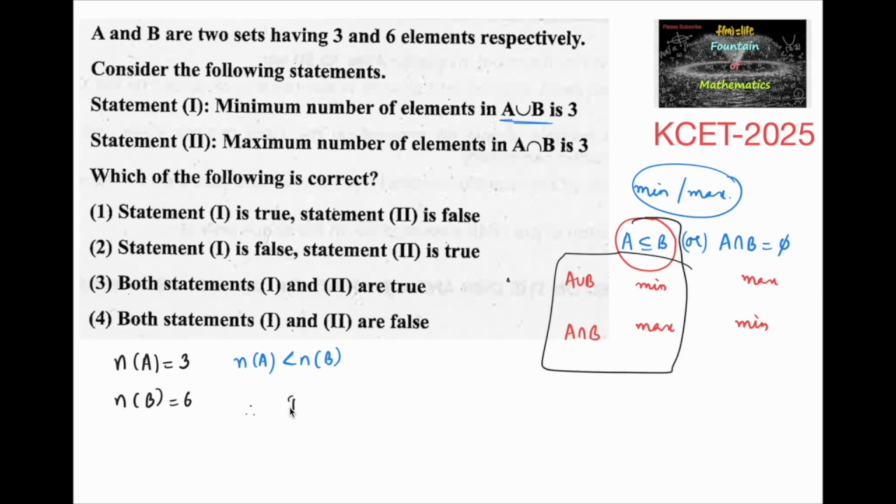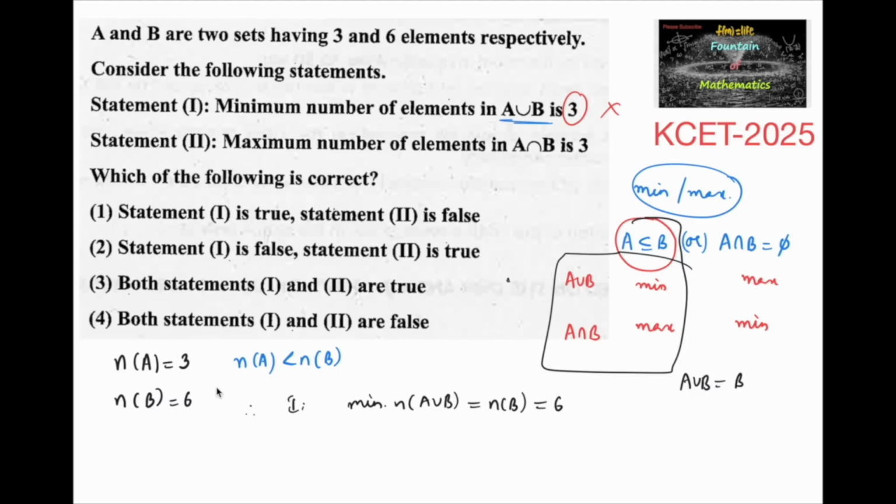Therefore statement 1, the minimum number of elements, that is minimum n of A union B, when A is a subset of B, we can write A union B is equal to B, that is the number of elements in B, which is equal to 6. So this must be the minimum number of elements in A union B, but here it is given 3, which is wrong. So statement 1 is wrong.